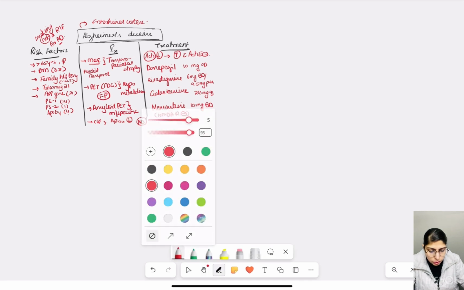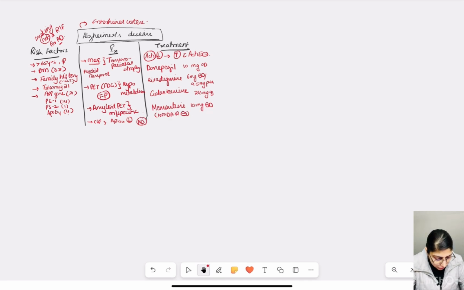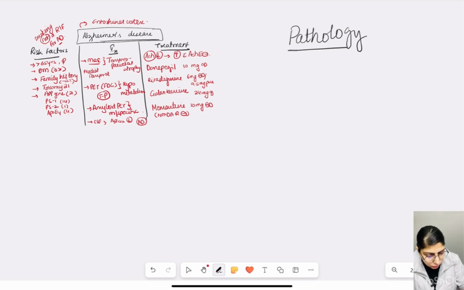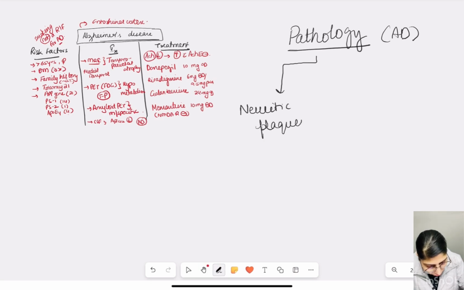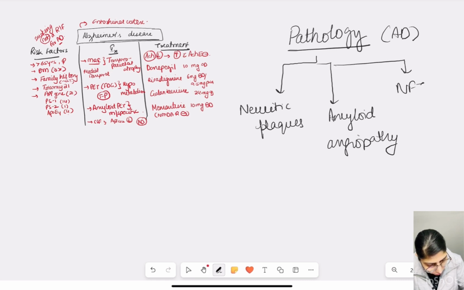Now let us put this over here and let's talk about the pathology. Pathology behind Alzheimer's disease. So when we talk about pathology, we have neuritic plaques, we have amyloid angiopathy, and we have neurofibrillary tangles, NFTs.